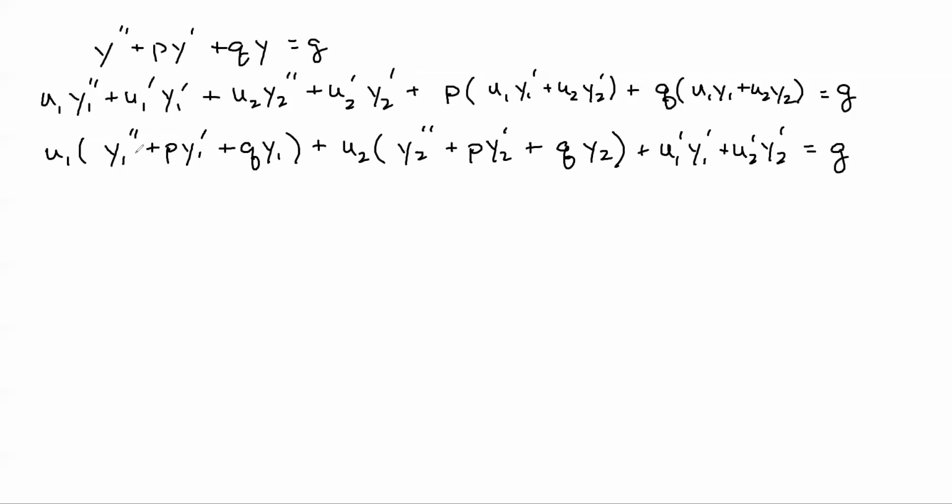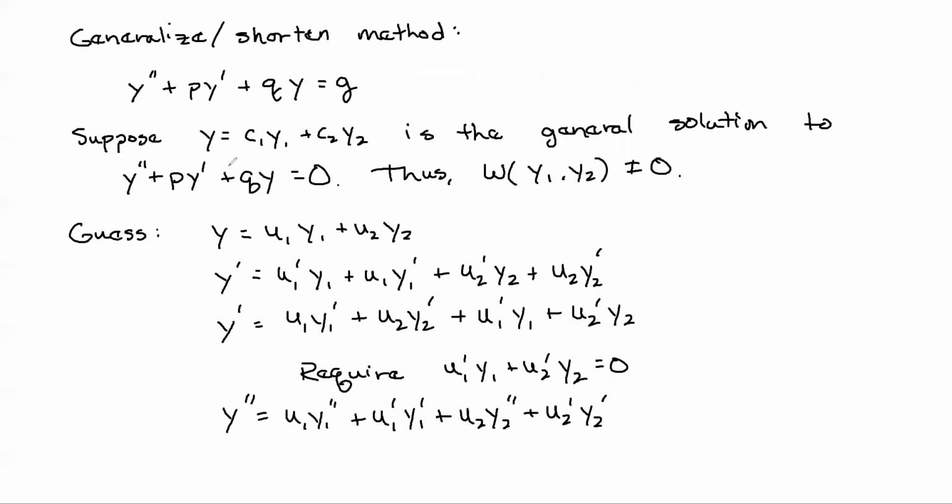And then look at this. What do we know about y1? Well, y1 is a solution to the homogeneous equation. So if you take y1 and plug it in, you're going to get 0. That means y1 double prime plus py1 prime plus qy1 equals 0. y2 is also a solution, so y2 double prime plus py2 prime plus qy2 also equals 0.